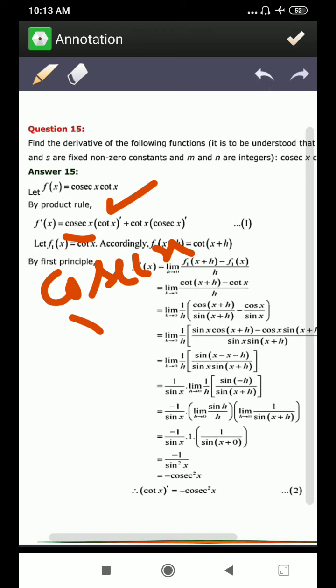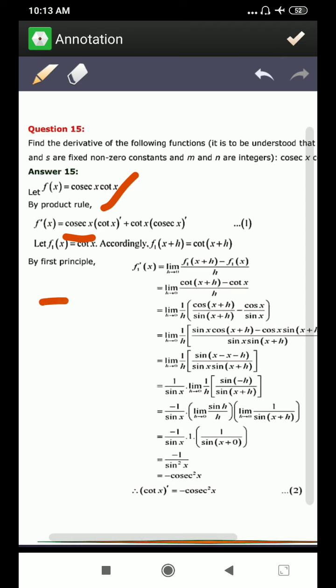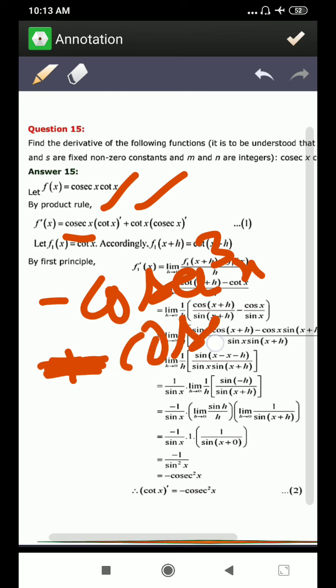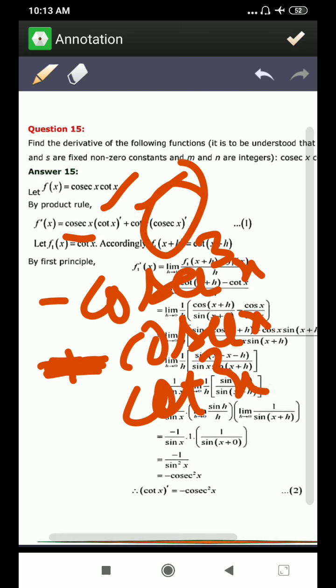So cosec x into minus cosec square x will become minus cosec cube x, plus cot x as it is, and differentiation of cosec x is minus cosec x cot x. So it will become minus cosec x into cot square x. Why cot square x? Because derivative of cosec x is minus cosec x cot x. So this is the answer of this question.